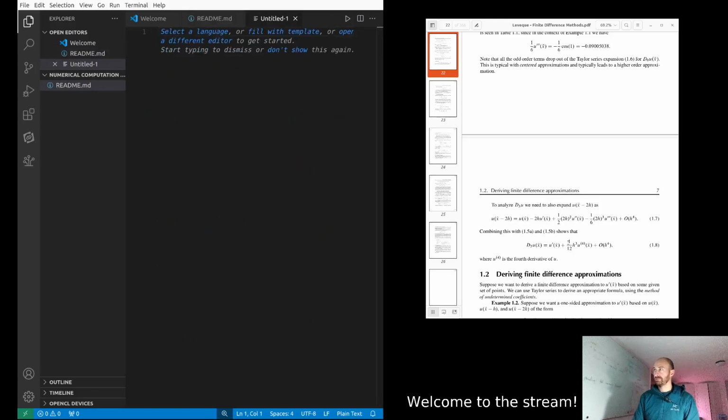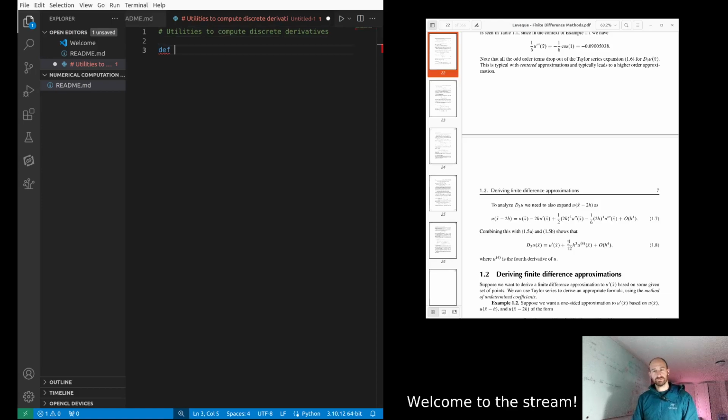We'll create a new file, which, we don't know what we need to import, but we're gonna define, this is all in Python. So this module will be utilities to compute discrete derivatives, and how do we call the first one? We called centered derivative, and you had to give it a function u.